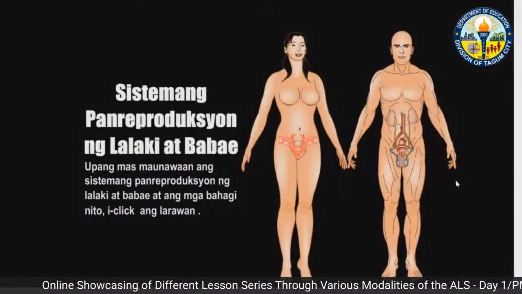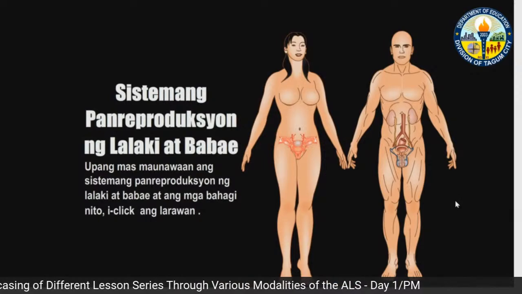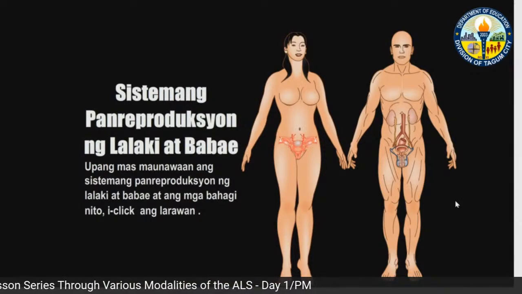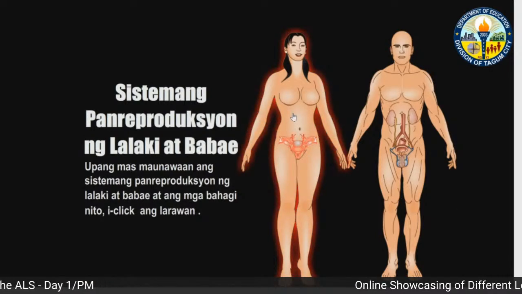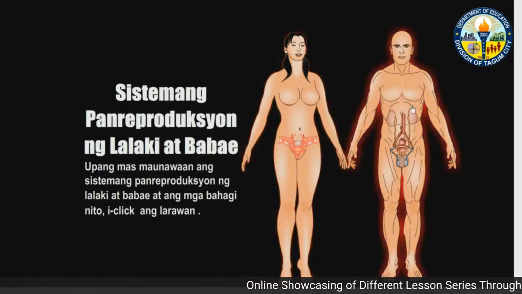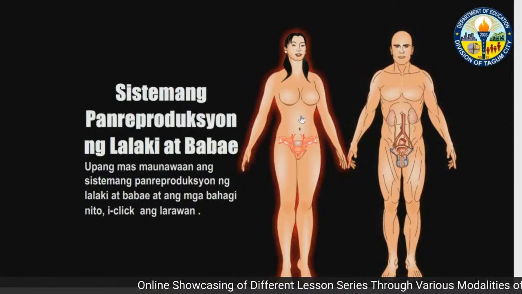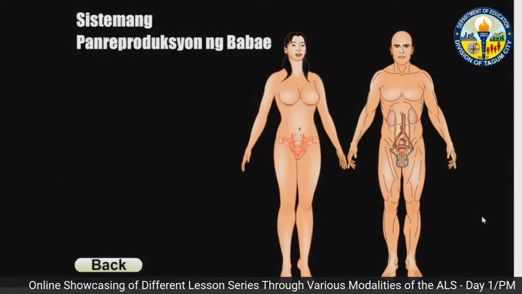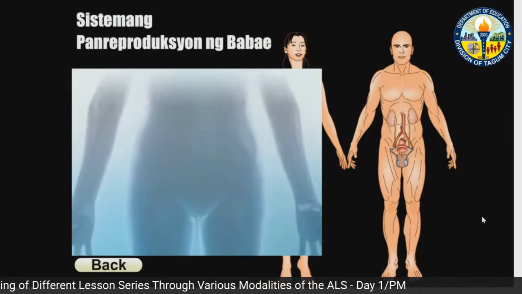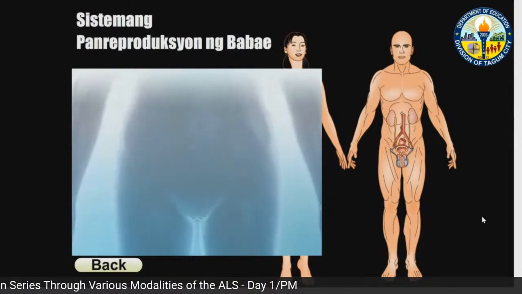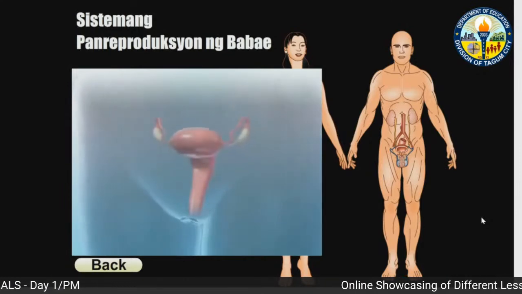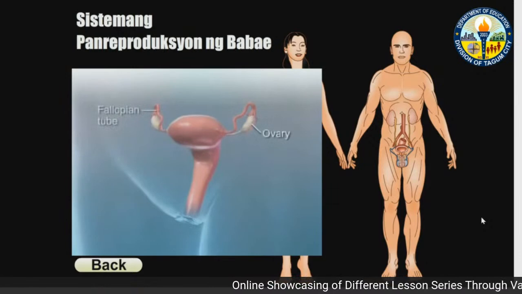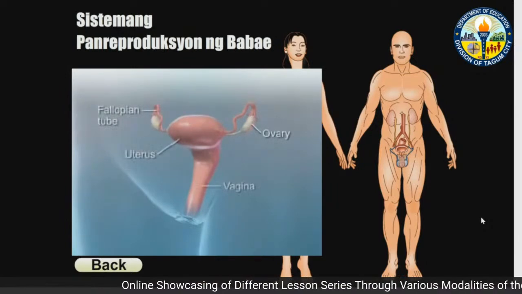Upang mas maunawaan ang sistemang panreproduksyon ng lalaki at babae at ang mga bahagi nito, i-click ang larawan. Ang sistemang panreproduksyon ng babae. Ang mga pangunahing bahagi ng pambabaeng reproductive system ay binubuo ng dalawang ovaryo, dalawang fallopian tube, ang uterus o matris at ang vagina.